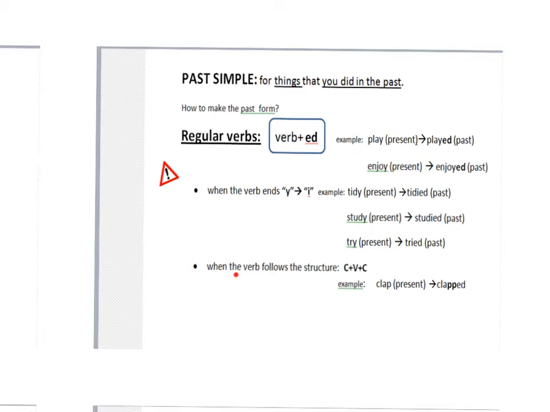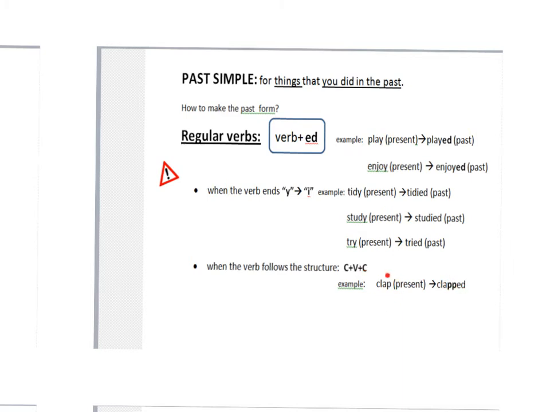When the verb follows the structure consonant, vowel, consonant, like a consonant like a C, a vowel like an A, and a consonant like a B, it doesn't make a lot of sense, but it would be like that. We would double the last consonant and write ed.